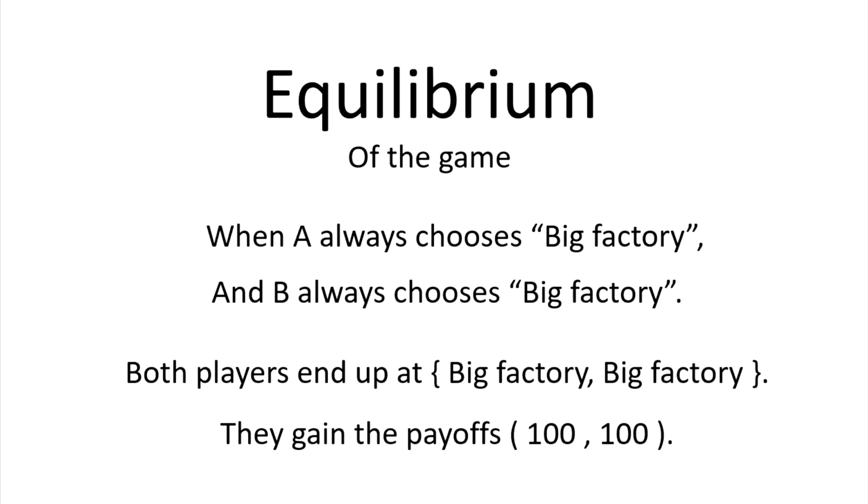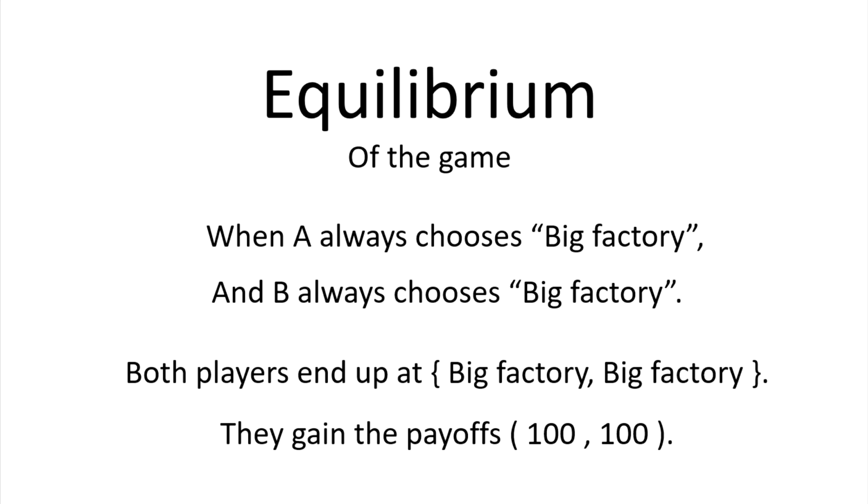Very good. Now we find the equilibrium of the game. It is obvious when A always chooses big factory and B always chooses big factory too. So both players end up building big factories. Therefore, big factory and big factory will be the equilibrium of the game. So it is the answer of the game.